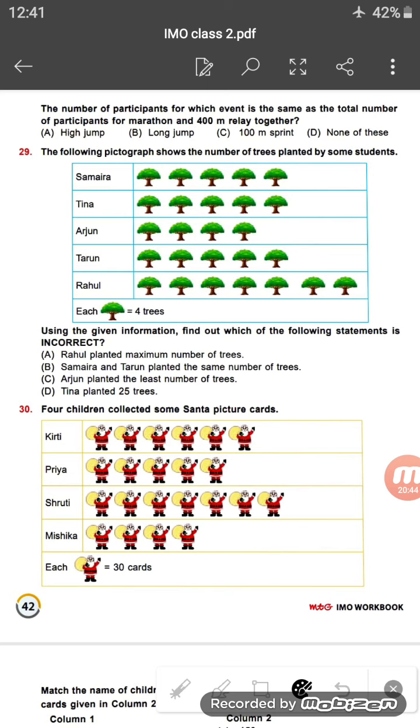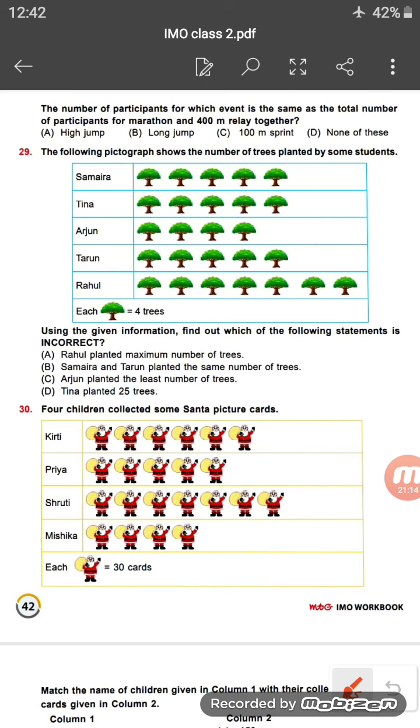From the given data it is clear that Rahul planted the maximum trees. Why? Because if one symbol is equal to 4 trees, then Rahul planted 1, 2, 3, 4, 5, 6, 7, which is 7 into 4, that is 28. Tarun planted 1, 2, 3, 4, 5, 5 into 4, 20. Let me write it so it will be easier for you.